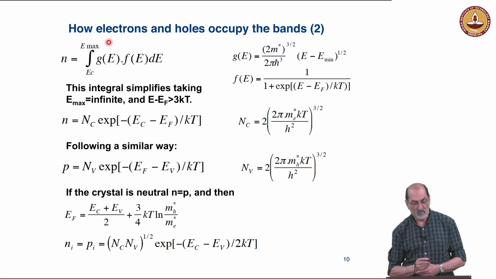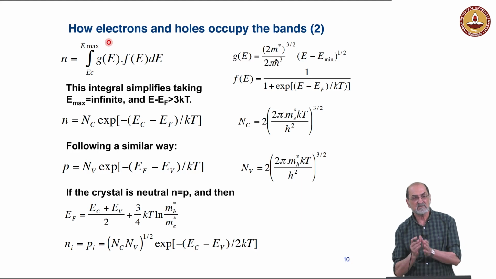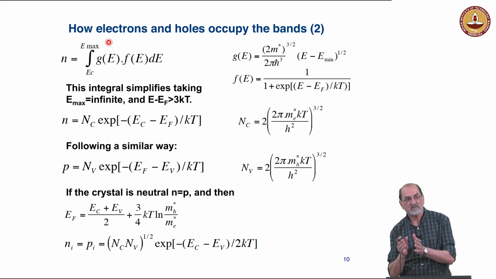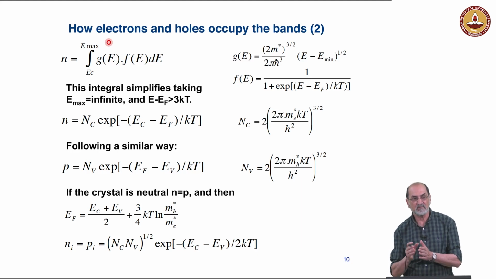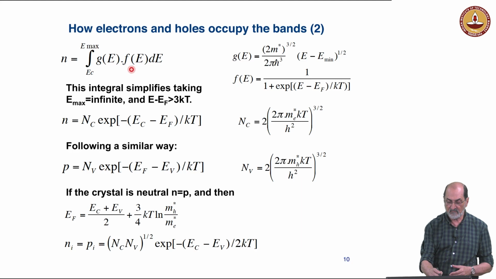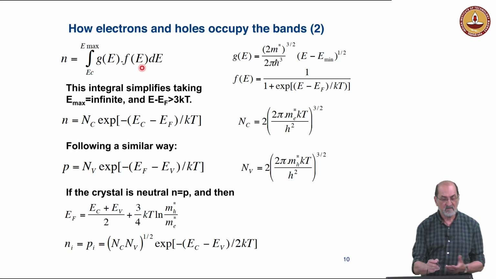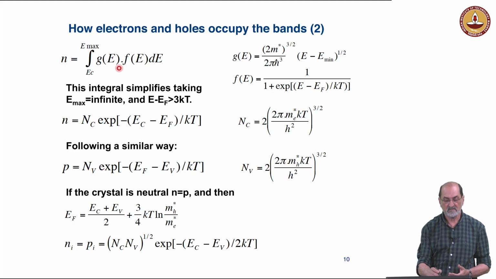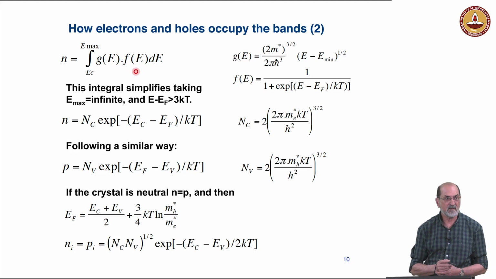Anyway, we don't care much what's going on with the density of states, just at some tens of electron volts far away from the bottom of the conduction band, because after that, the Fermi-Dirac function, which is an exponential decreasing, is going to make the integrand quite negligible.